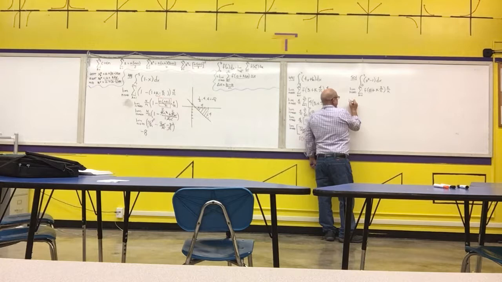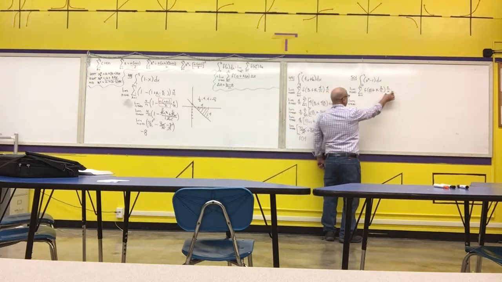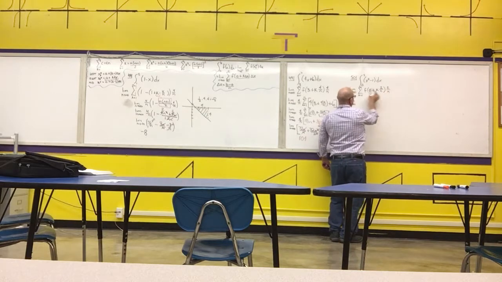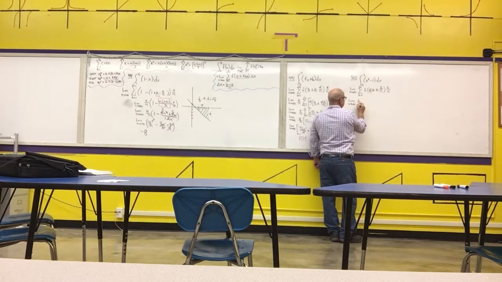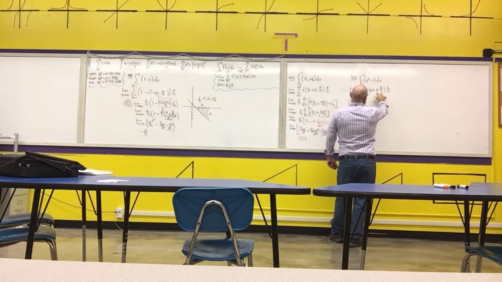Then I'm going to take the limit as n approaches infinity. I'm going to bring this 2 over n in front. The summation of k equals 1 to n. I'm going to replace x with 2k over n.